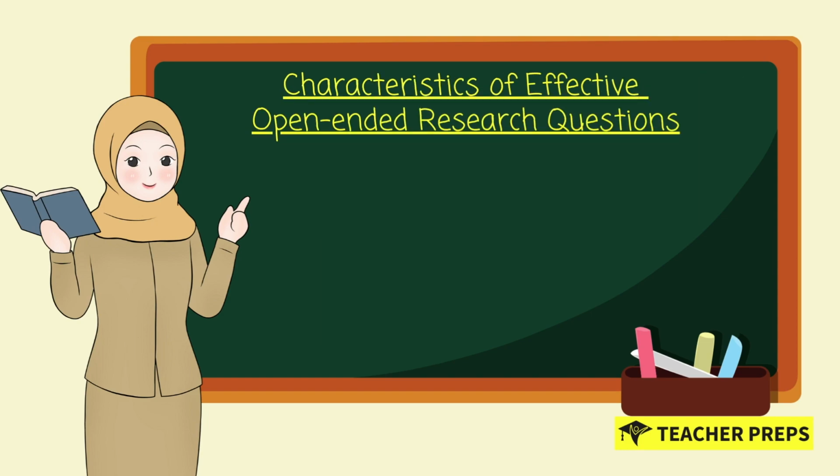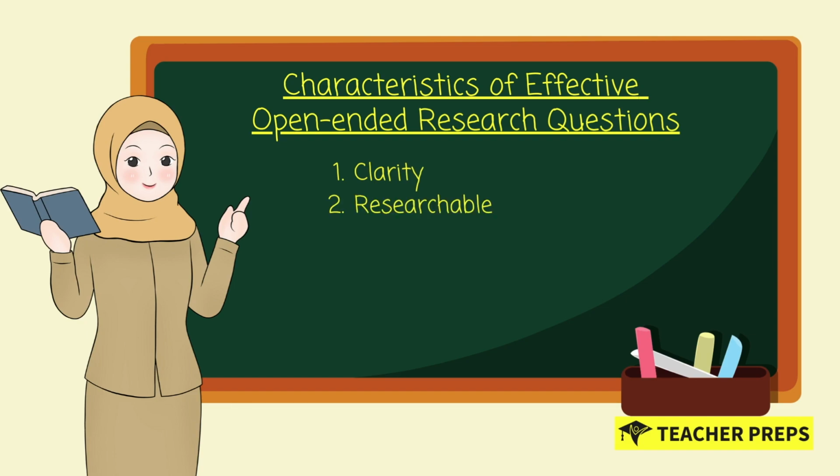Next, let's keep in mind characteristics of effective open-ended research questions. You're going to want to be on the lookout on your exam because you're going to have to choose the correct multiple choice question. And so here are the characteristics. Follow and remember this. Let's go. First one, your research question should be clear and understandable. We call that having clarity.